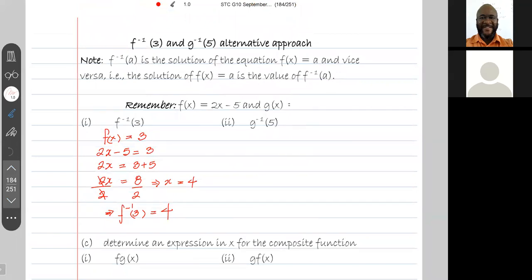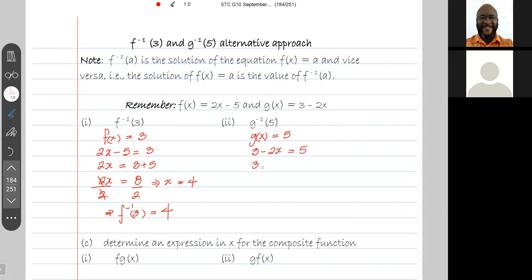Now, using this approach, I want you to find g inverse of 5. All right, so to find g inverse of 5, I'm going to solve the equation g of x is equal to 5. g of x is 3 minus 2x, which is equal to 5.